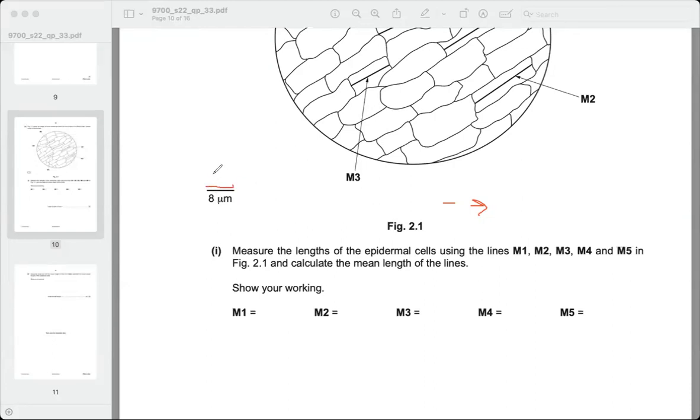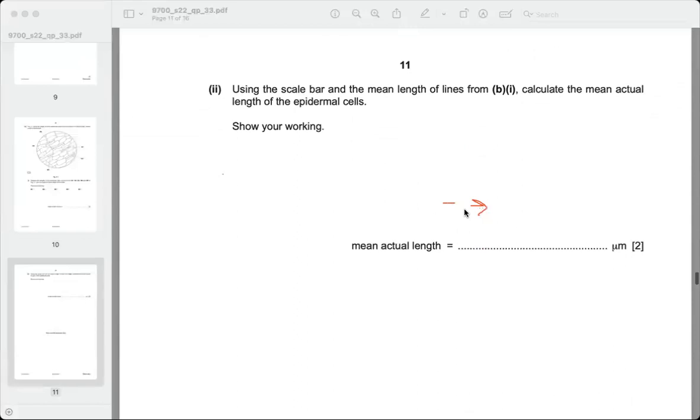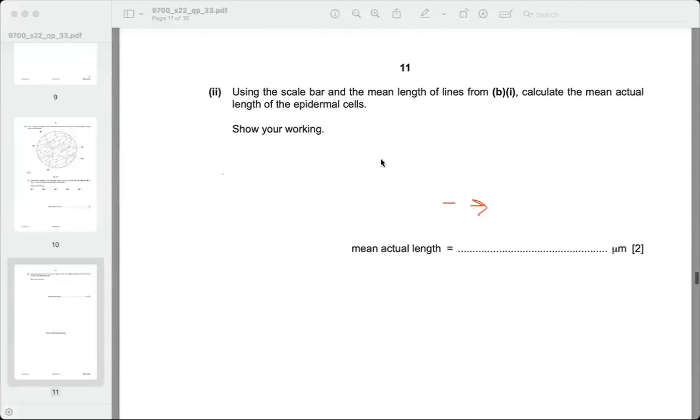Let's say the measure of this is 0.5 centimeters. Now we are going to use this very value of 0.5 centimeters to do the second part.